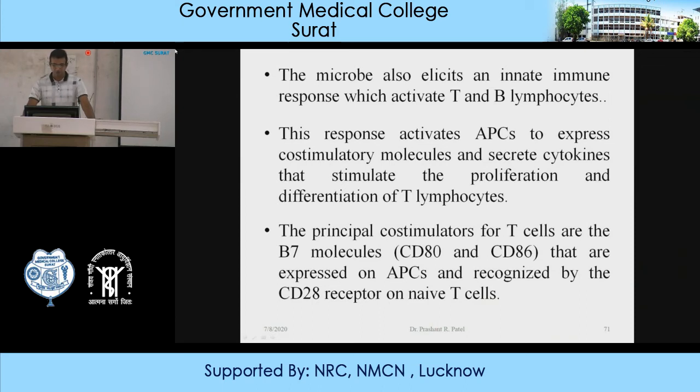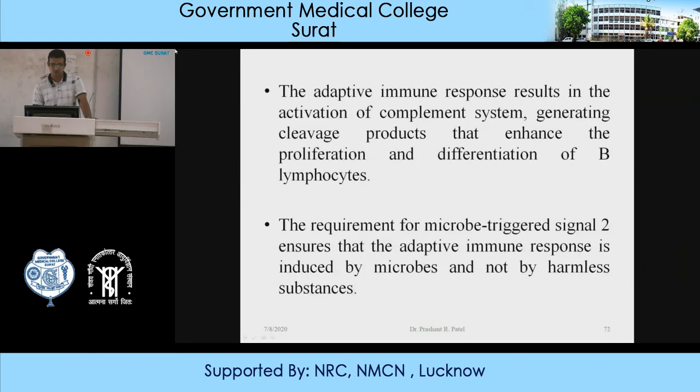The principal co-stimulators for T cells are CD80 and CD86 expressed on antigen presenting cells, and they are recognized by the CD28 receptor present on T cells. The innate immune response also results in activation of the complement system, which generates cleavage products that enhance the proliferation and differentiation of B lymphocytes. The requirement for microbe-triggered signal 2 ensures that the adaptive immune response is induced by microbes, not by harmless substances or self-antigens.